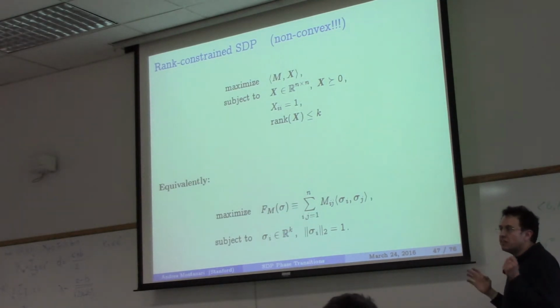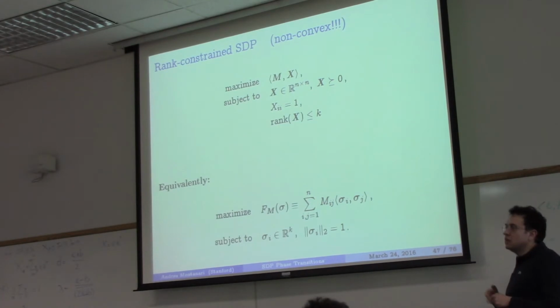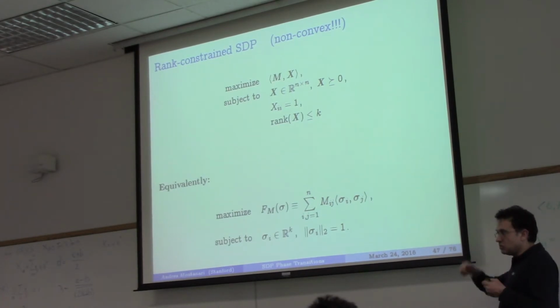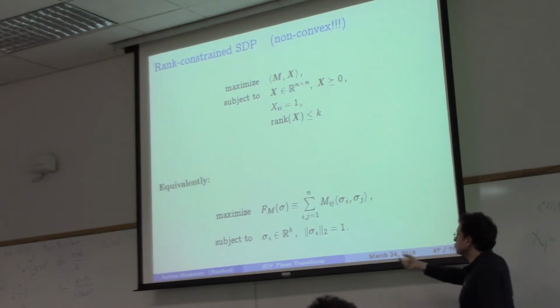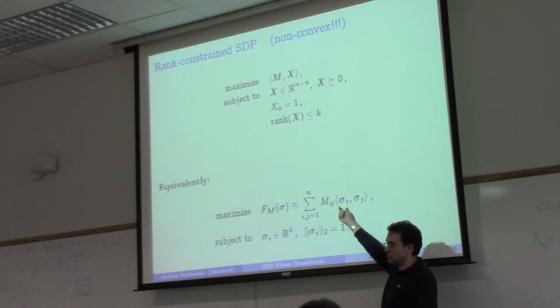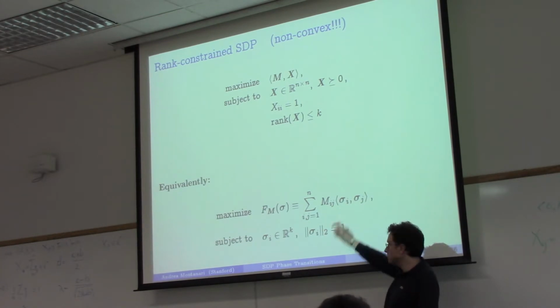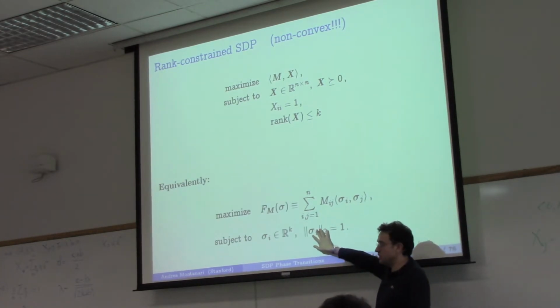And the way that we solve it is completely stupid. We just take in turn each vertex i, and we optimize with respect to sigma i. It's very easy to optimize this function with respect to sigma i, because this is optimizing a linear function of the vector sigma i over the sphere.